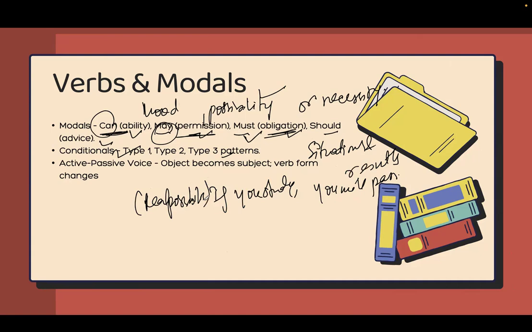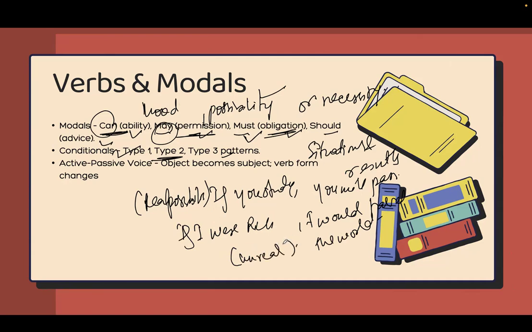Okay. If I use the type 2 condition here, so type 2 will be if I were rich, I would travel the world, right? This is an unreal situation, unreal present. Okay.